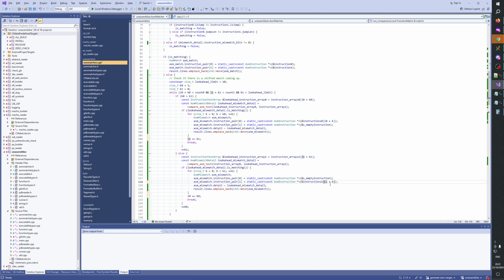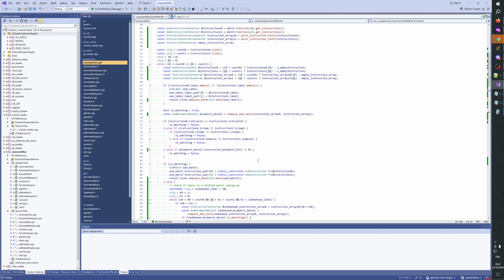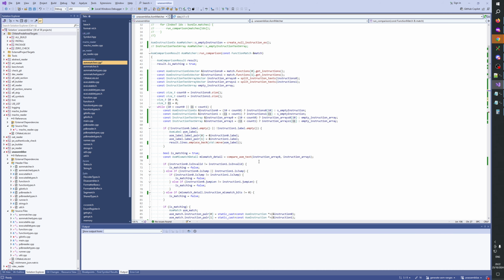I1 plus K. And here is I0 plus K. Yeah, okay, so I think this is correct. Okay, and then once the placing is done, then, by the way.